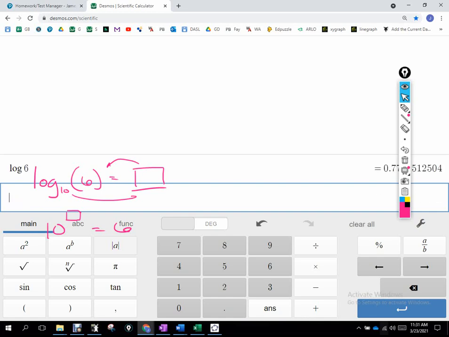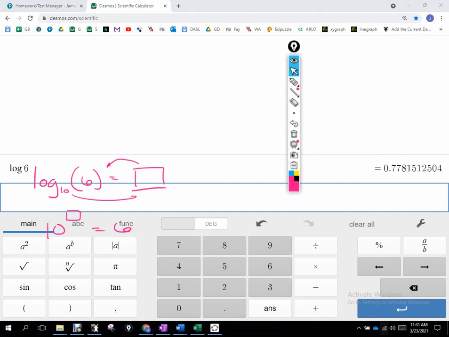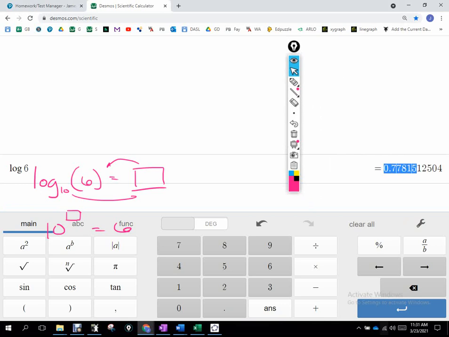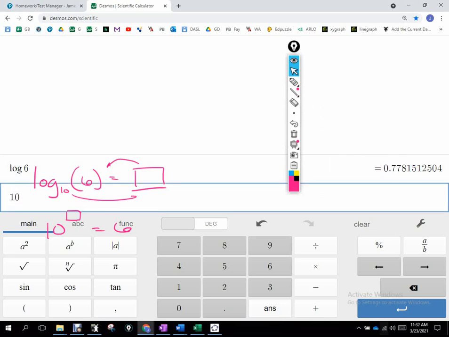If I type in log of 6, that is the number I said was between 0 and 1, the number that I should raise 10 to. If I take 10 and raise it to 0.7781512504, does it give me 6? Yes. But that's not common knowledge, like knowing that 9 to the second gives me 81. So if it's not a number that is common knowledge, then it's okay to type it in as log of 6. Does that make sense?